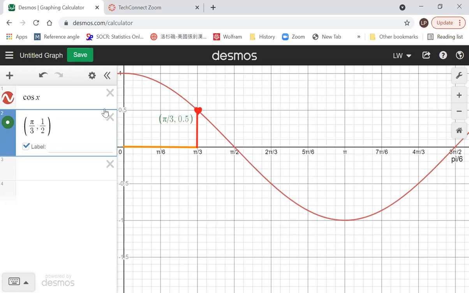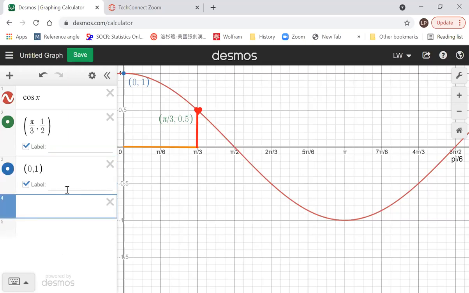So now you look at that table. We're going to mark all of these points. So how about this point? That point should be what? 0, 1, the radian 0, 1, right? And how about the next one? That's pi over 6. That's the point I marked incorrectly, right?